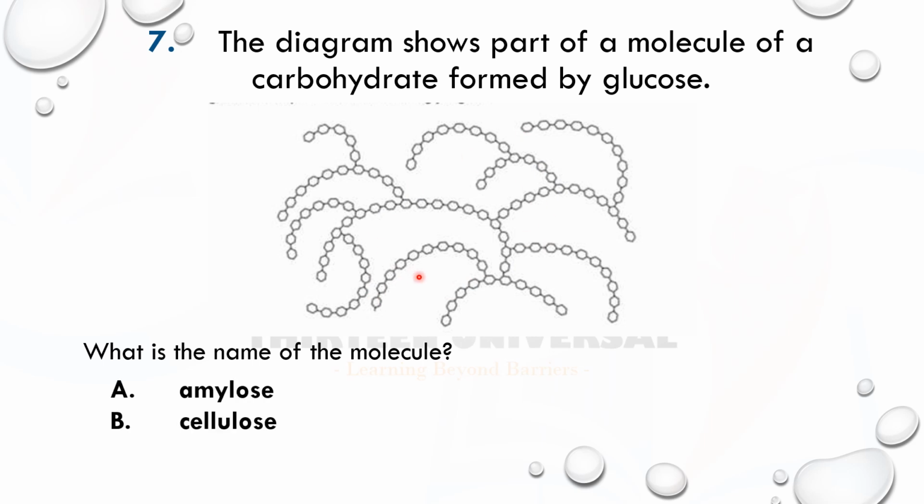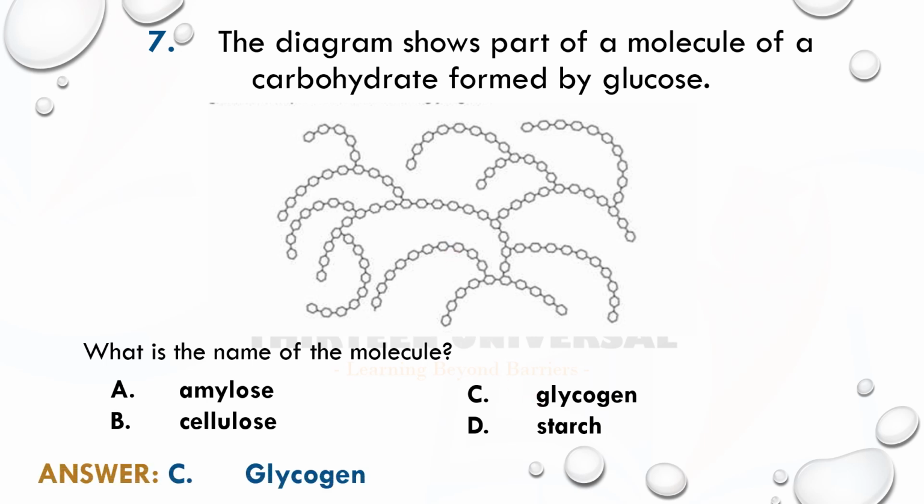So let's check. Amylose, nope. Amylose is not branched. Cellulose is not branched. Starch has amylose and amylopectin, but amylopectin doesn't have this much branching. So it's glycogen. You're right.